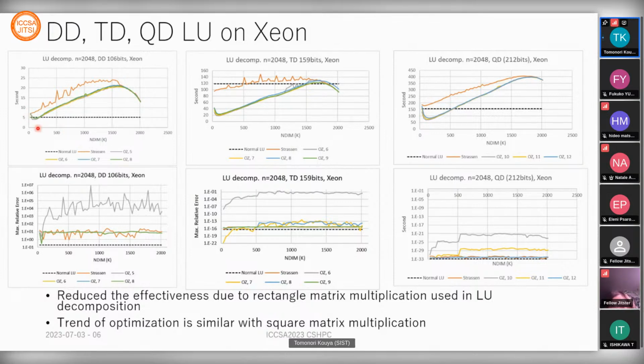But in triple-double and quadruple-double precision, the area where LU decomposition with the Ozaki scheme is faster is very wide, like this. So the middle range of precision is best for the Ozaki scheme.